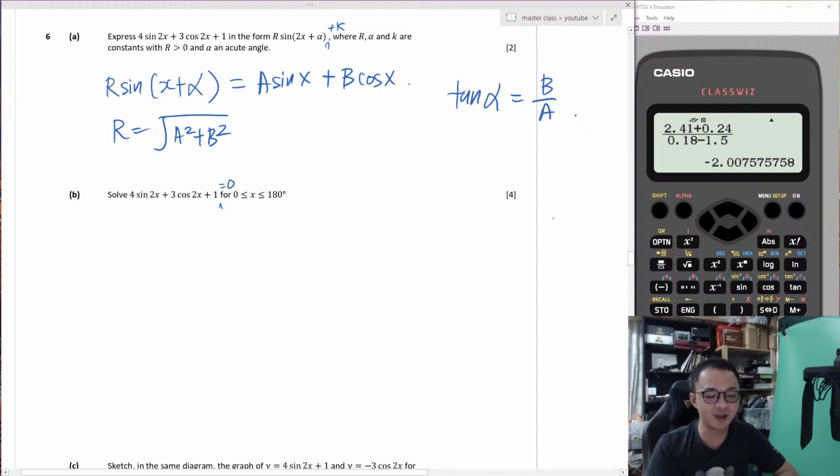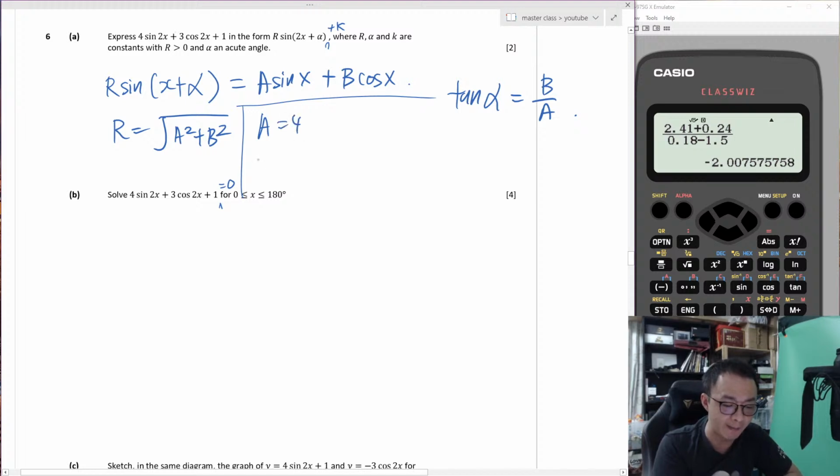So here we just need to apply the thing we have over here. I want to identify what is my a and b in this case. My a should be the value beside the sine, which is 4. My b should be 3 here, the value beside the cos.